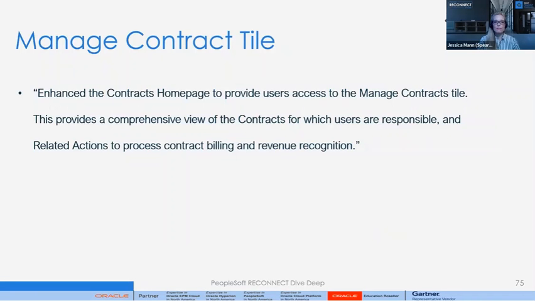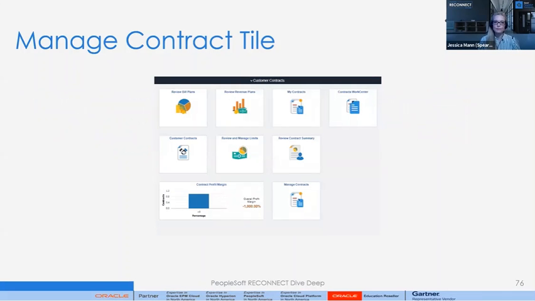And then still in contracts, in image 36, enhance the contracts homepage to provide users access to the Manage Contracts tile. This tile provides a comprehensive view of contracts for which the users are responsible, as well as related actions. So, somewhat of a similar concept to a work center of bringing information to you where you can even do things from it, take action from the information displayed.